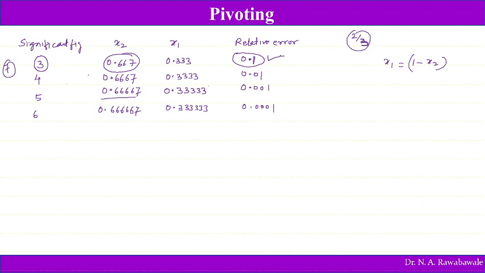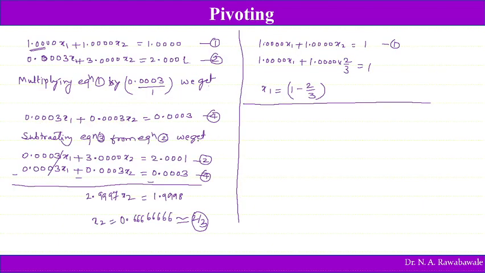That means what we did here is, the same equations we have solved, only we have changed the pivoting element. So this 0.003 was at the place of a11. Now we have transferred the second equation to first, so a11 has become 1.0000, that is 1.